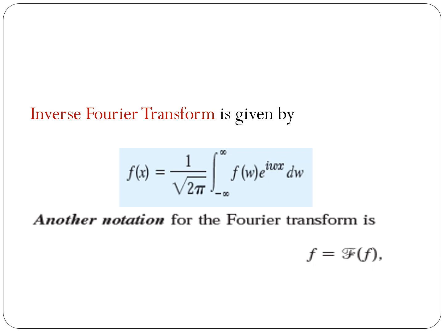And the inverse Fourier transform is given by f of x equal to 1 by root of 2 pi integral minus infinity to infinity F of omega e raised to i omega x d omega. Another notation for the Fourier transform is script F of f.